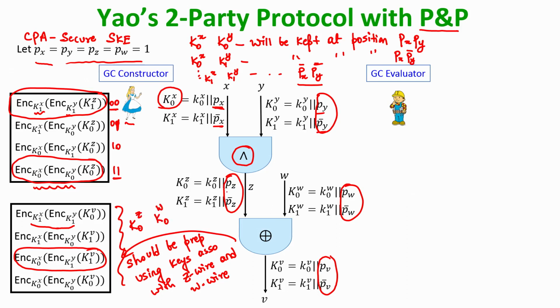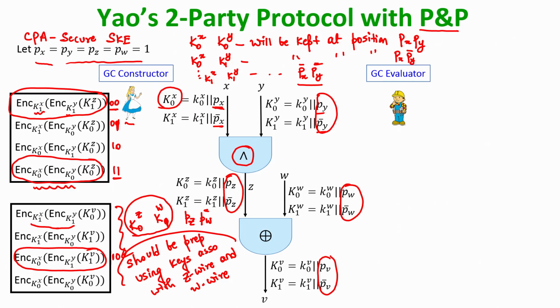Now, the ciphertext prepared using these two keys should be stored at position number Pz followed by Pw complement. Now, what is the value of the permutation bit Pz? It is 1. What is the value of the permutation bit Pw? It is 1. So, its complement will be 0. So, that is why it is kept at position number 1 0 and so on.